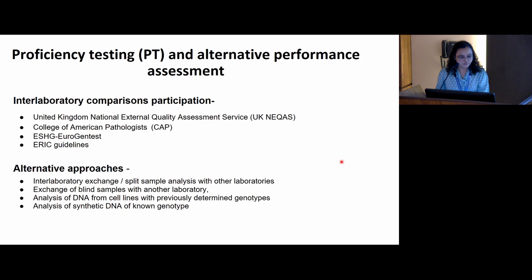In that case, the laboratory should adopt alternative approaches, which include interlaboratory exchange or split sample analysis with other laboratories, exchange of blind samples with other laboratories, analysis of DNA from cell lines with previously determined genotypes, and analysis of synthetic DNA of known genotypes.